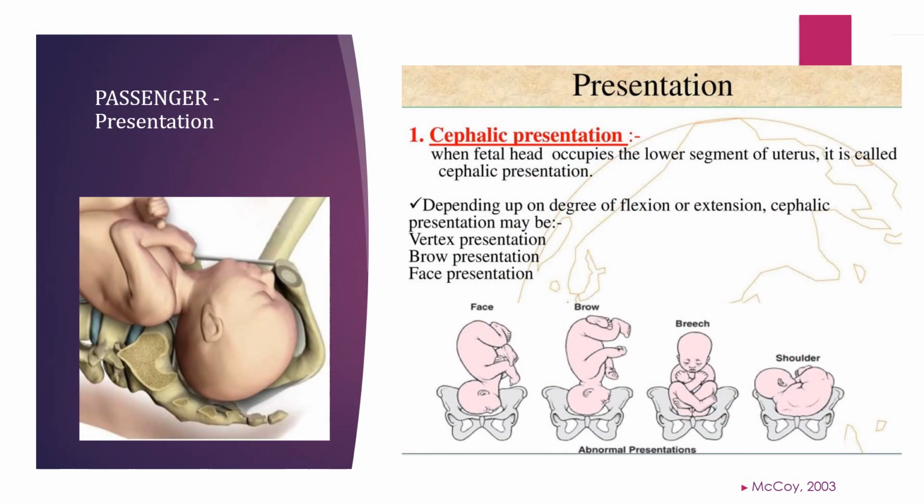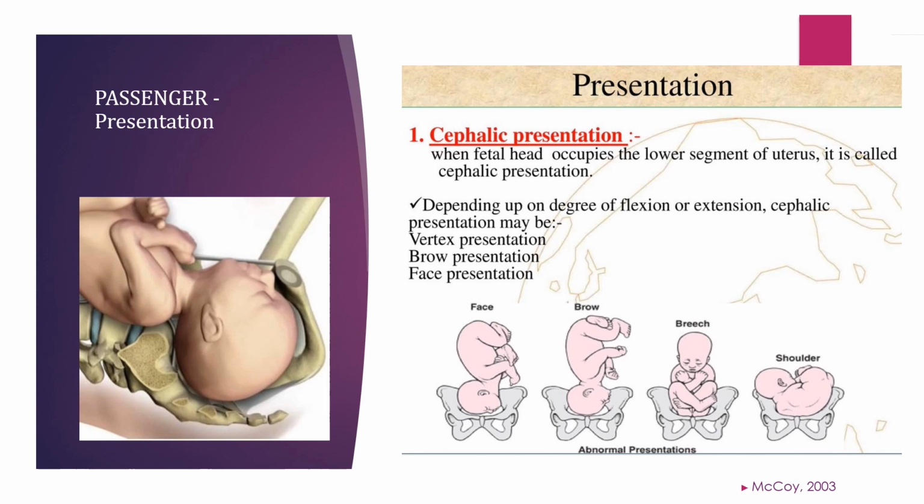Okay, the first P is passenger, and one aspect of that is the presentation of the baby. So presentation, cephalic. Cephalic means head down. Whichever the presenting part is, is the part of the baby that enters the pelvis first.